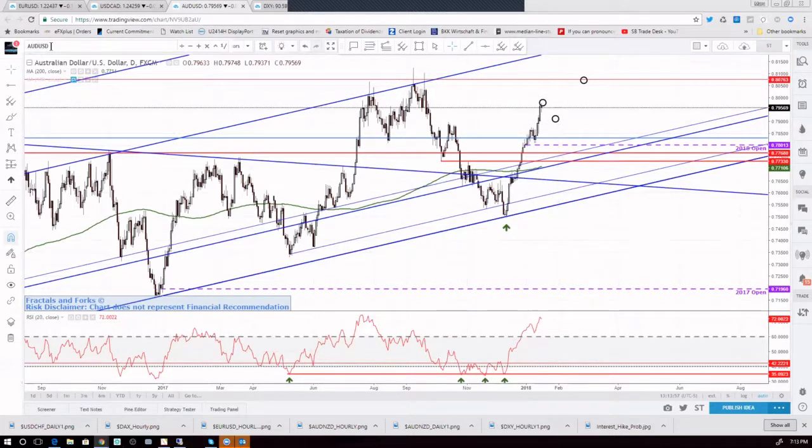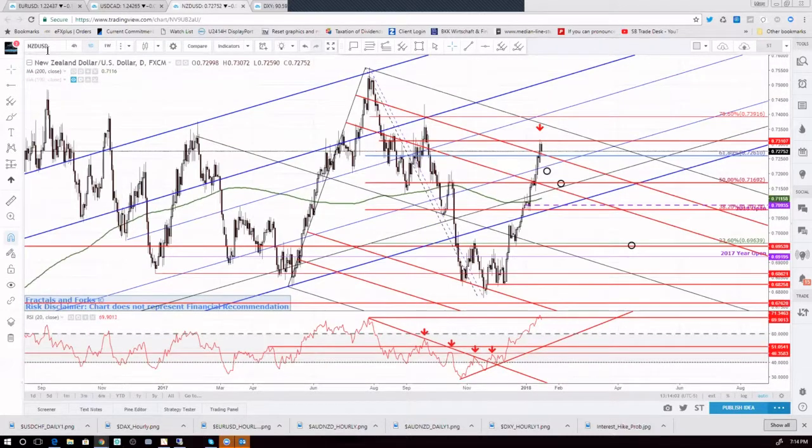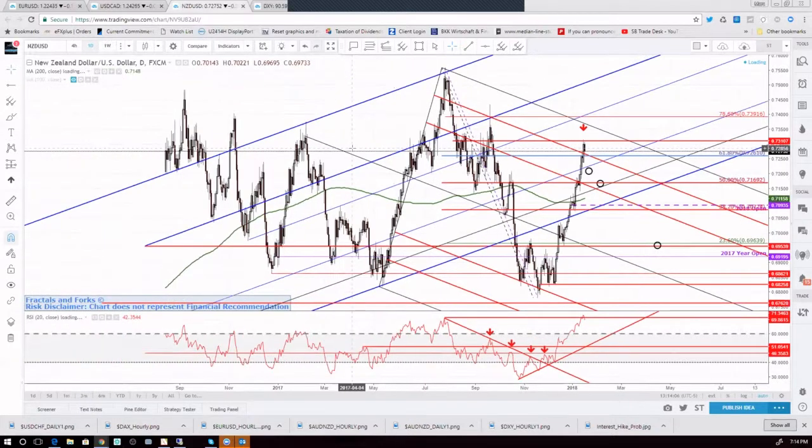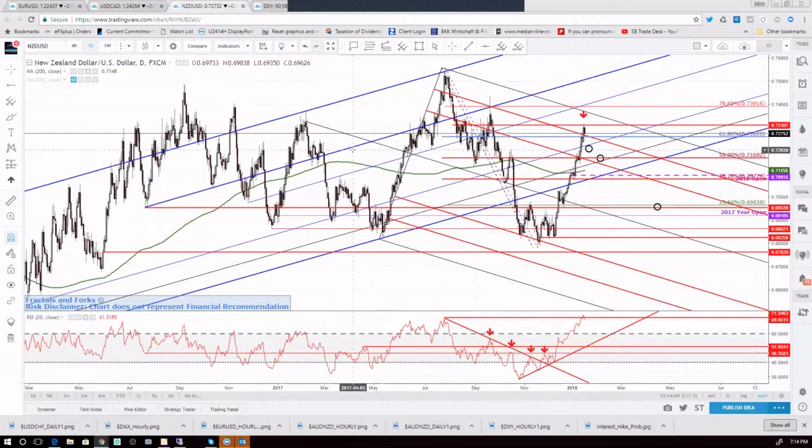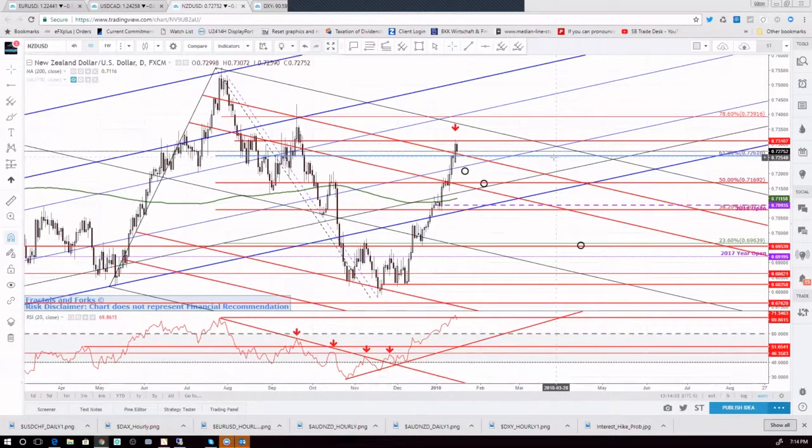Kiwi, I don't really want to talk about it, but this level that we reached, it's not something I just pulled out of my hat. It does look like a good reaction. We didn't have enough follow through. I would have liked a total daily reversal, but we're not getting that.